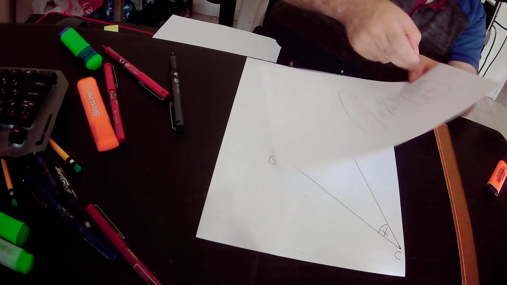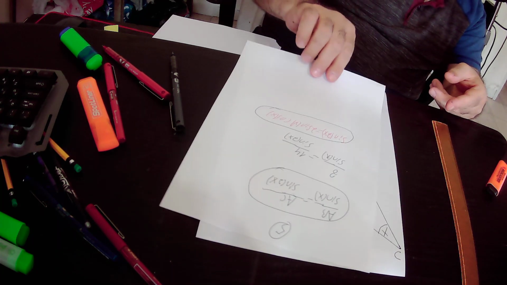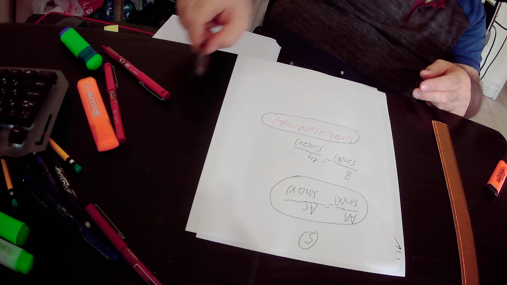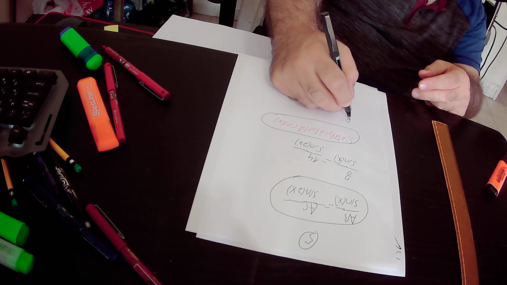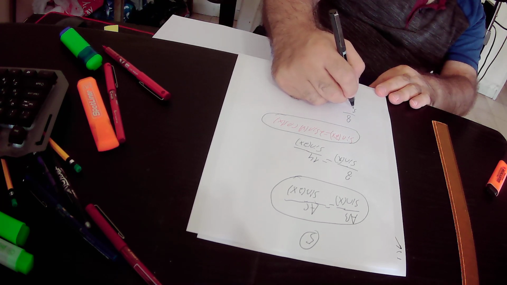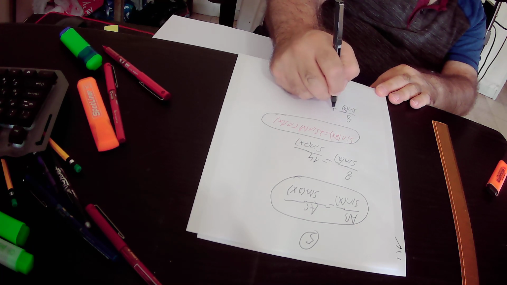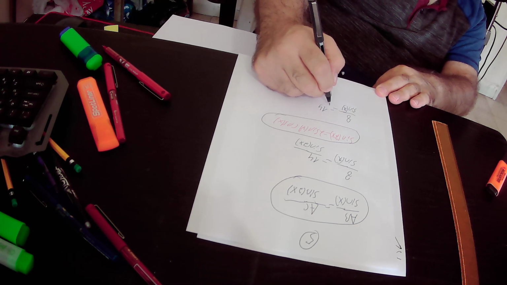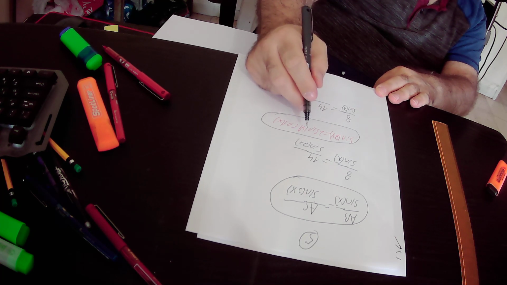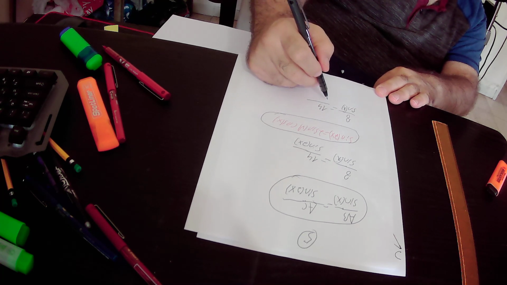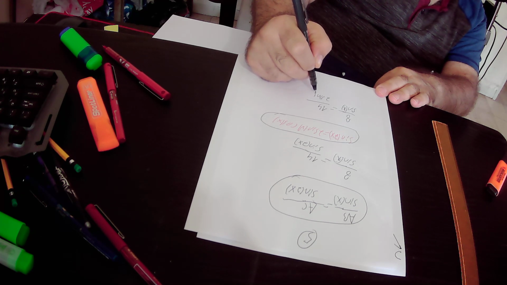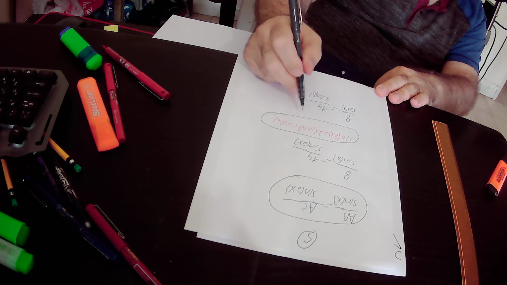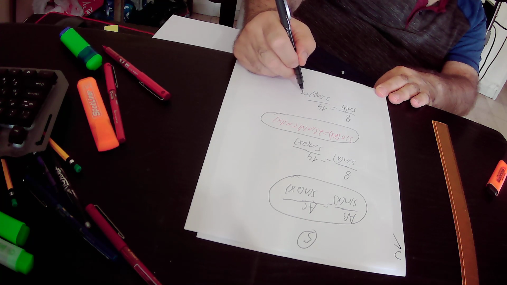So we'll do it now. We get that 8 over sine x equals 14 over, instead of sine 2x, we write down 2 sine x cosine x according to this trigonometric identity.